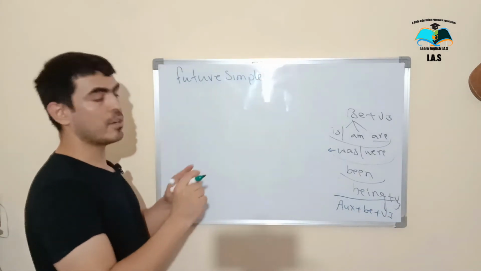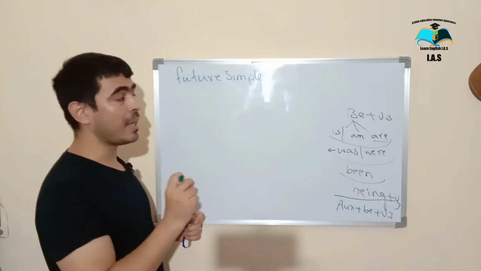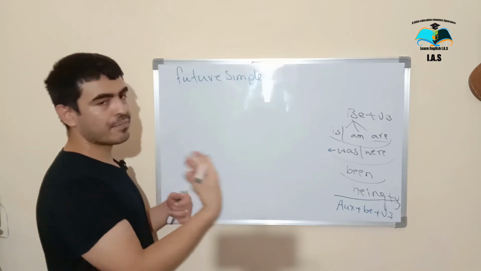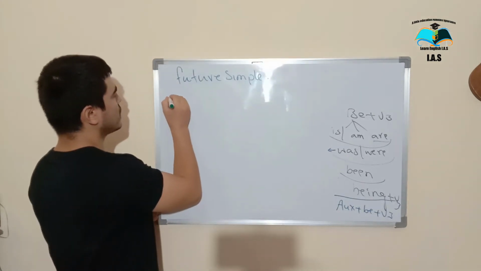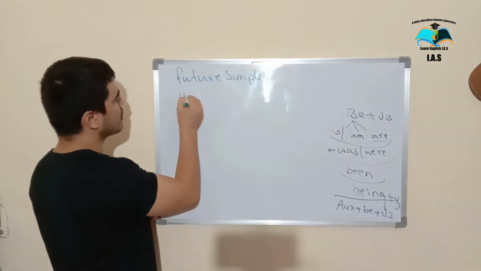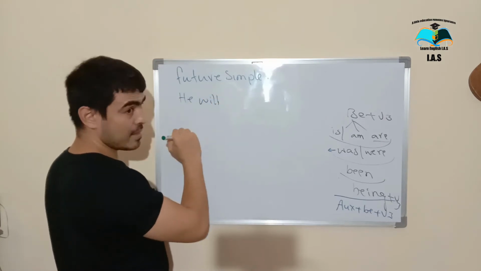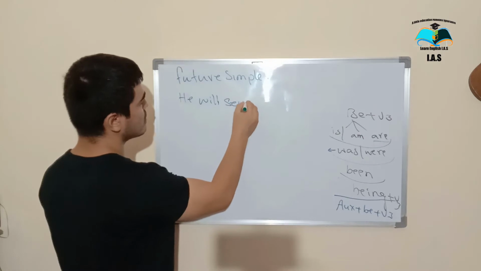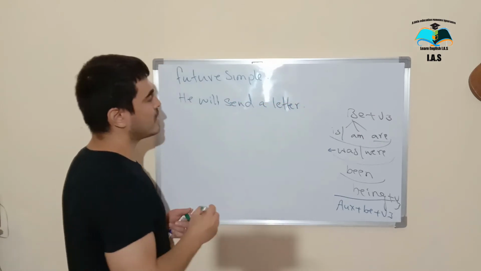Remember this one and put it into your mind. If you've got auxiliaries in your sentence, you have to add only be, nothing else. Okay, then after that you have to add verb 3. Same example. Okay, he will send a letter. He will send a letter.